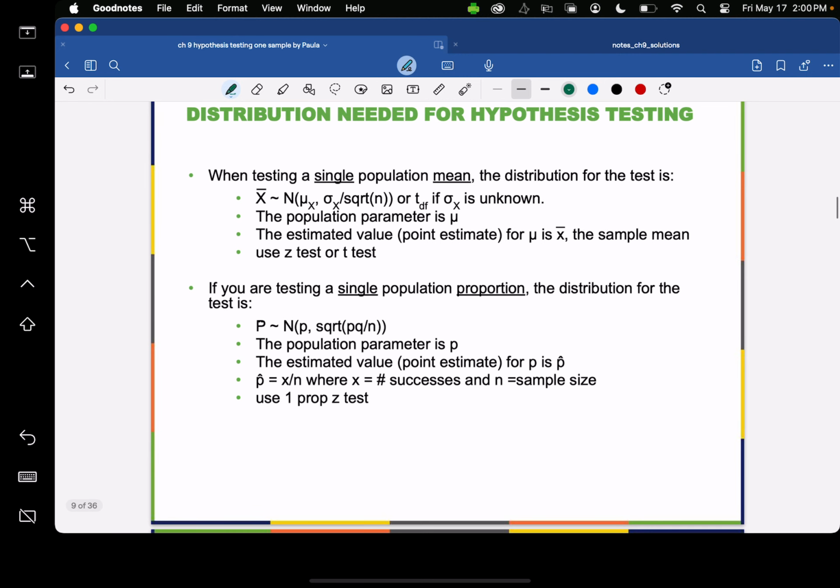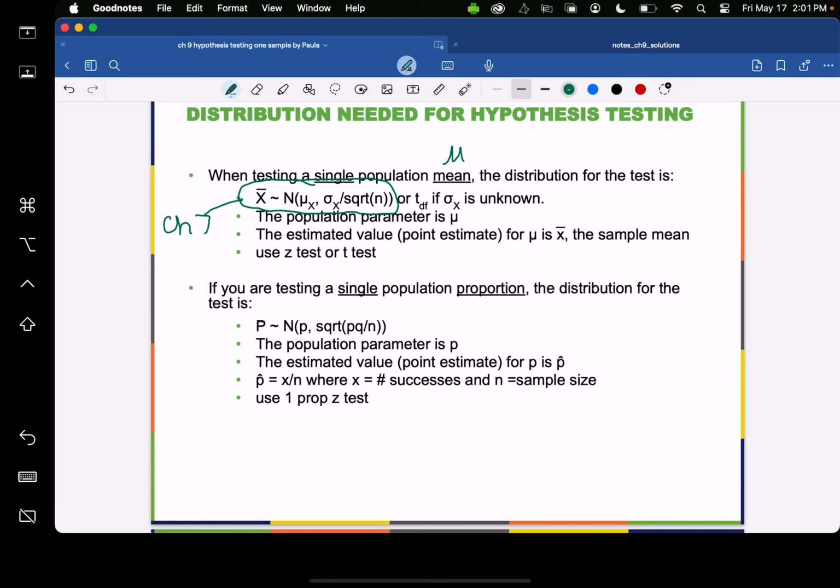Okay, what distribution do we need for this hypothesis testing? When testing a single population mean, so if we're testing for mu, then the distribution for the test is the distribution of x bar, and this is what we learned in chapter 7.